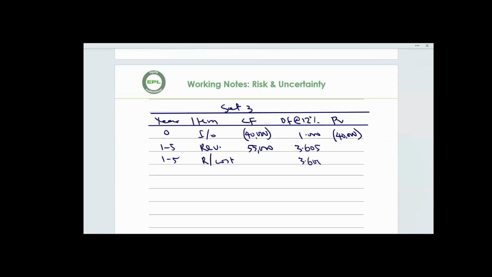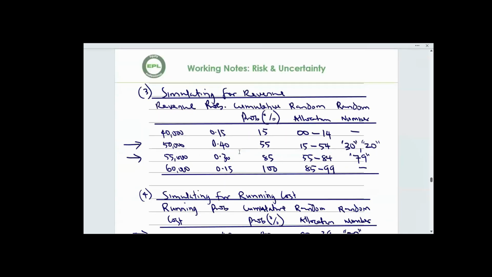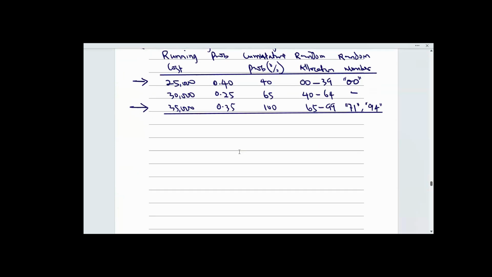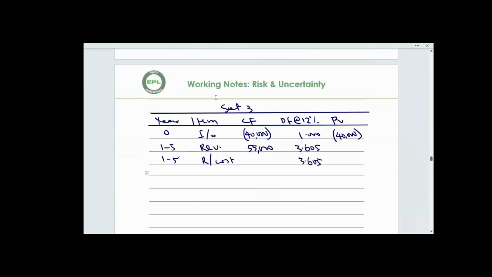Then for running costs, the random number for running costs is 94 for set 3, which is 35,000 naira. Here is 35,000.